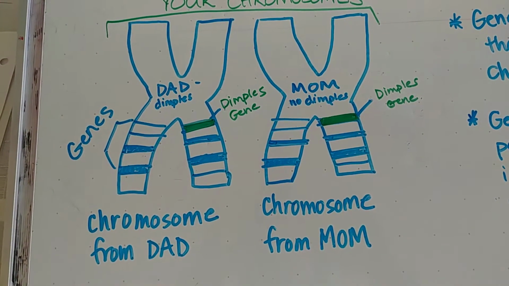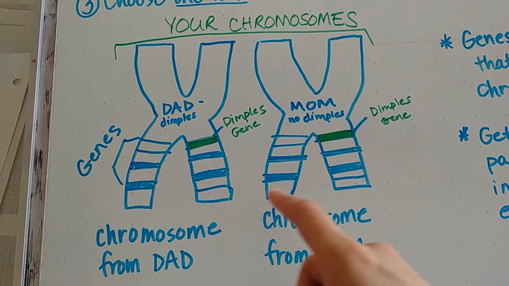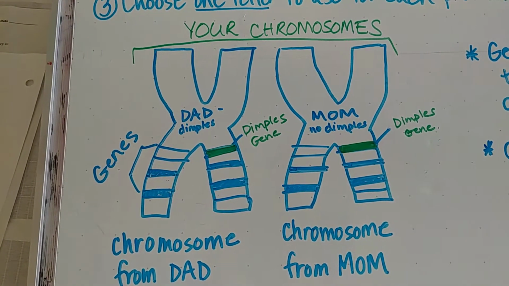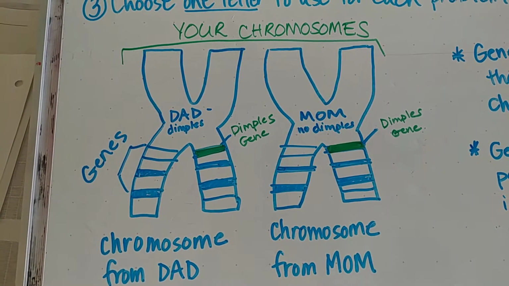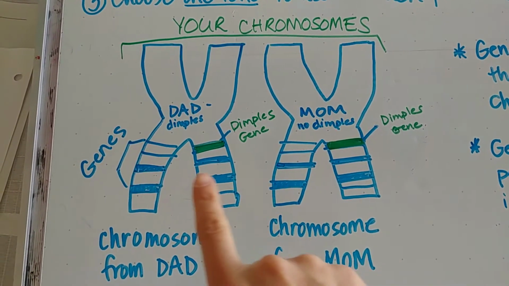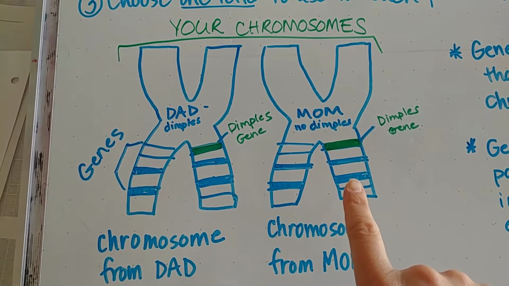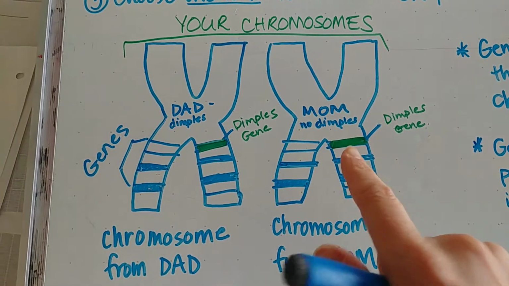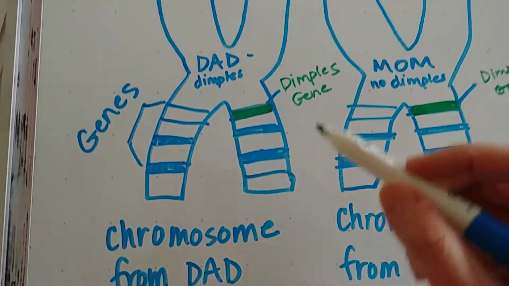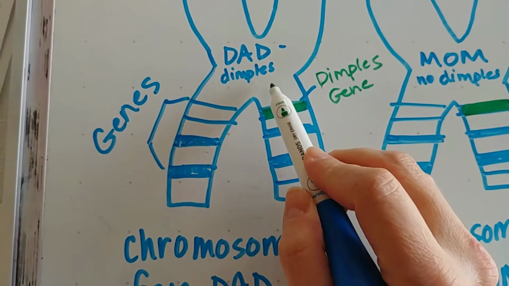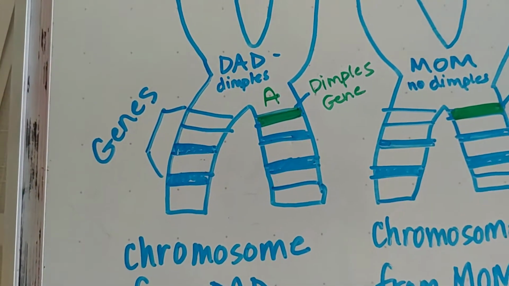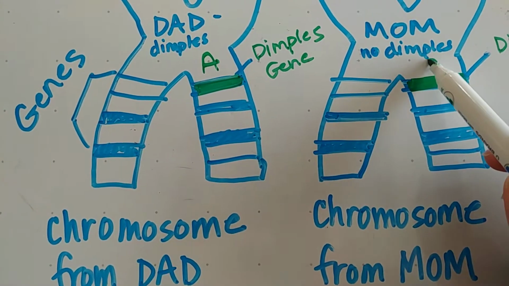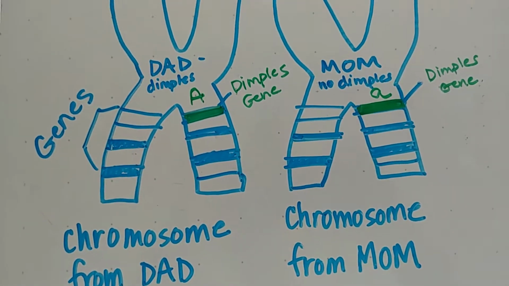So let's say that we are talking about the dimples gene, and let's say this is one of your chromosomes, right? Let's say that your dad has dimples and your mom does not. Because you get information from both of your parents, one thing I'll tell you is that dimples is dominant over not having dimples. So dad is going to give you a dominant allele for the dimples gene, and mom is going to give you a recessive allele for the dimples gene.